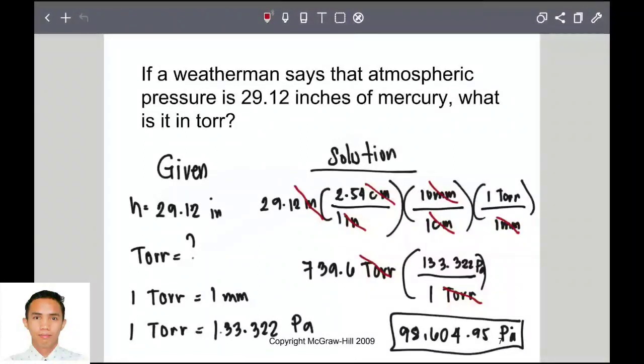Now we have a question here. If a weatherman says that atmospheric pressure is 29.12 inches of mercury, what is it in torr? Now we're going to highlight the given.